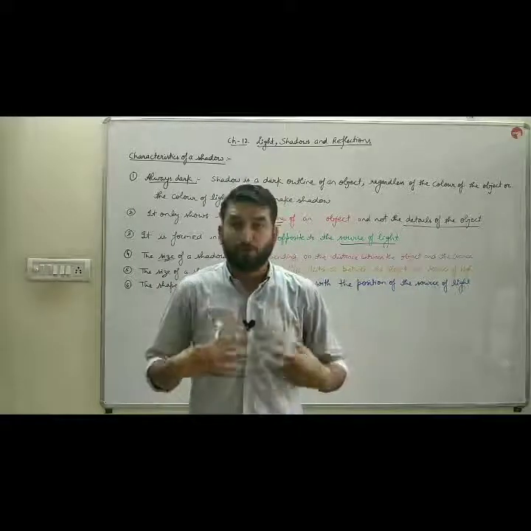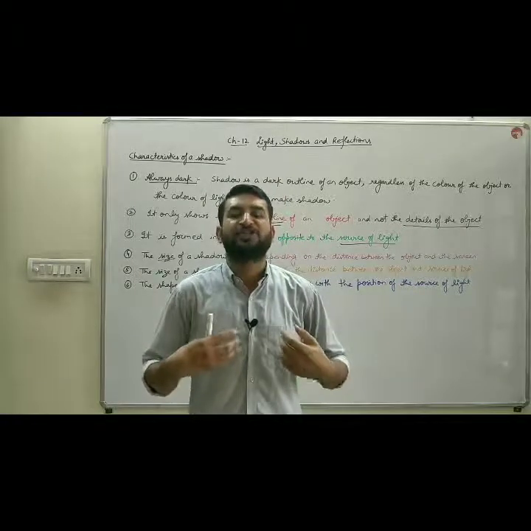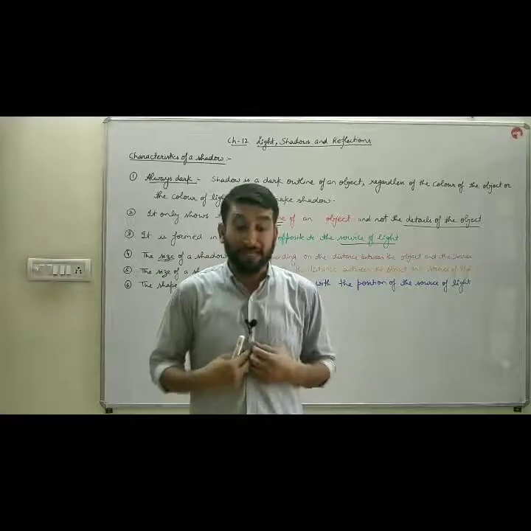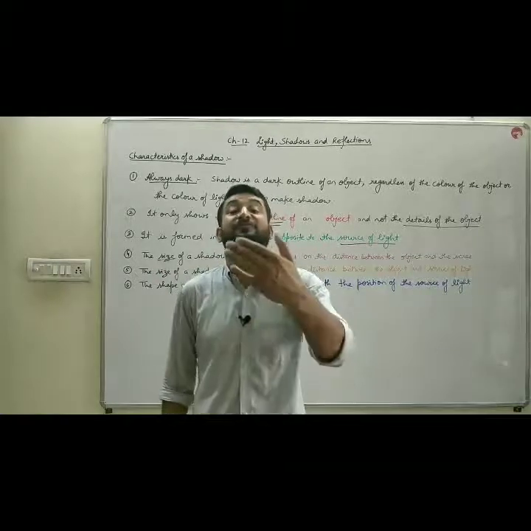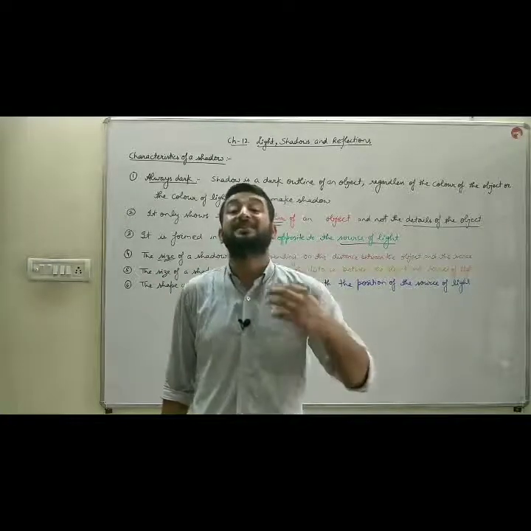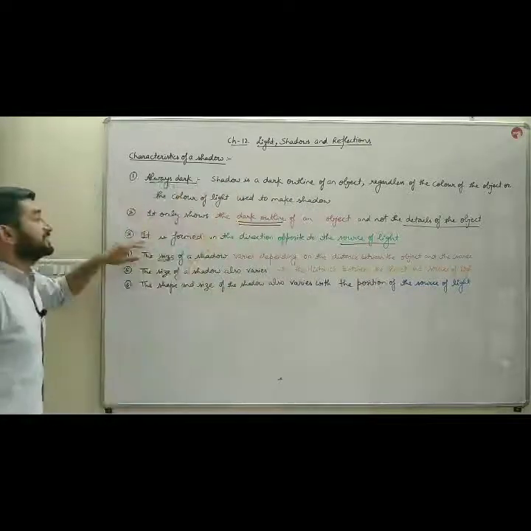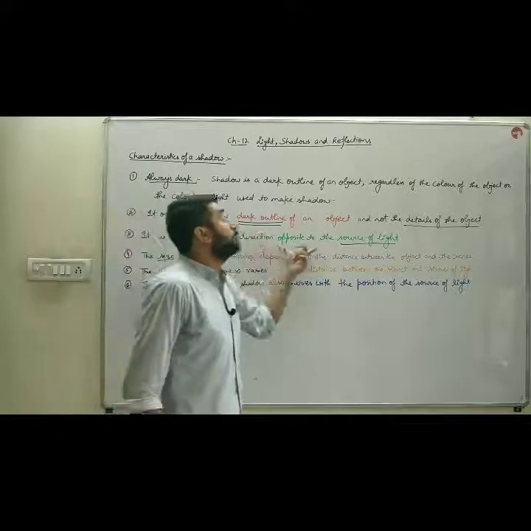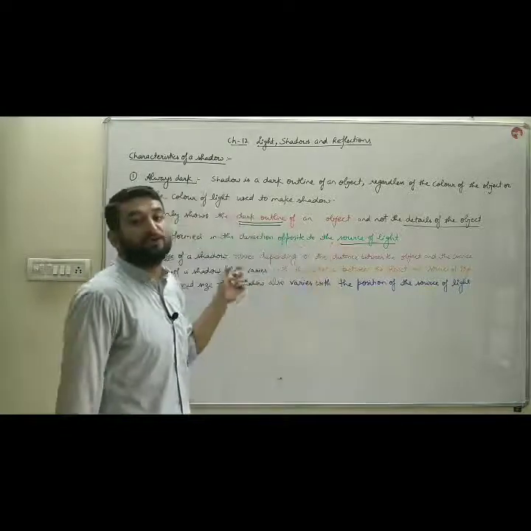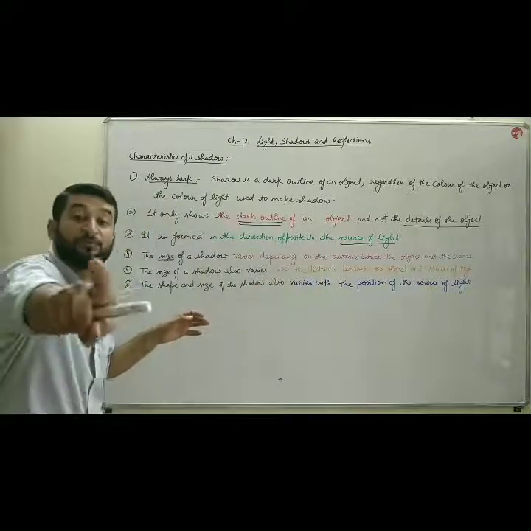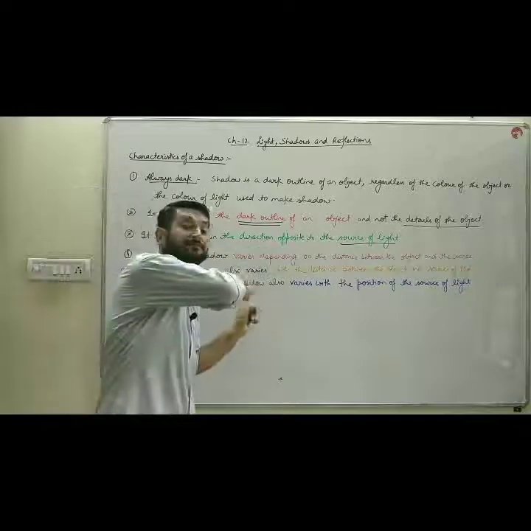So for the formation of shadow, the source of light must be placed in front of the object and the screen must be placed behind the object. So it is formed in the direction opposite to the source of light.